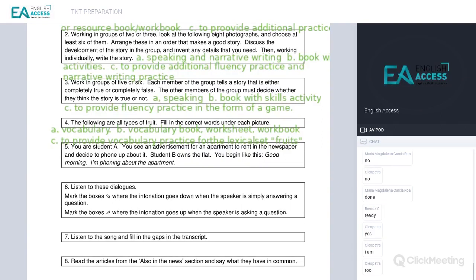Now, for number 5, what did you put for 5A? What type of supplementary activity is this? You are a student, you see an advertisement for an apartment to rent in the newspaper and decide to phone about it. Student B owns a flat. You begin like this: Good morning, I'm phoning about the apartment.